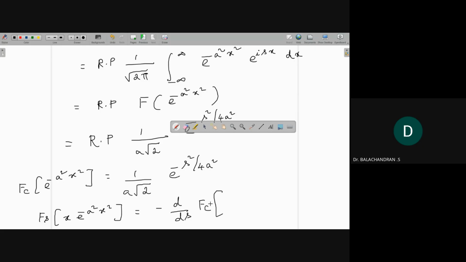So what is f of x? Here, e power minus a square x square. So this is equal to minus d by ds of Fc of e power minus a square x square.